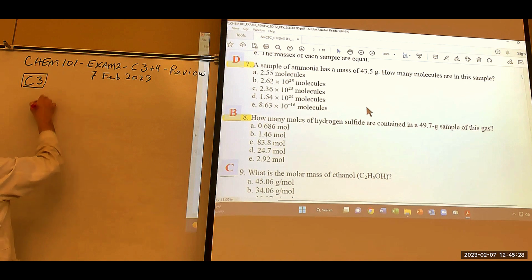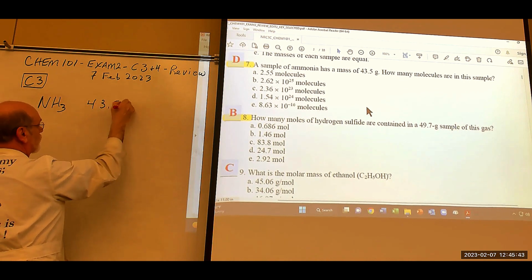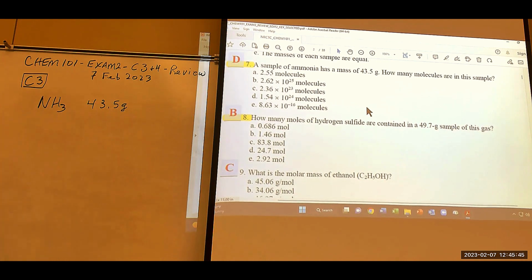So ammonia is NH3. And if you get a problem like this with a molecule we haven't discussed and there's no way you can figure it out, just ask me. That's ammonia. And we have 43.5 grams of it. Okay. How many molecules are in the sample?